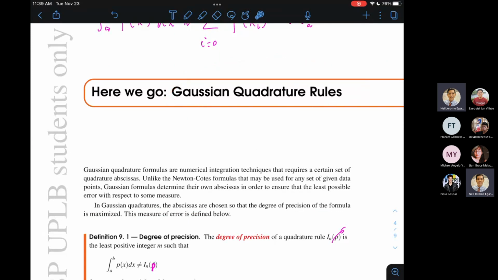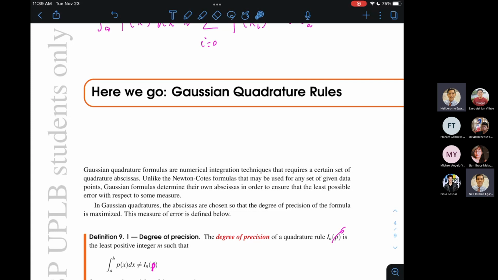So if the Newton-Cotes quadrature rules use arbitrary abscissas, now in the Gaussian quadrature rules, we will be picking the abscissas so that we can maximize the degree of precision of the quadrature rule. Okay? So we will carefully choose the abscissas so that the integration formula attains the highest possible degree of precision.